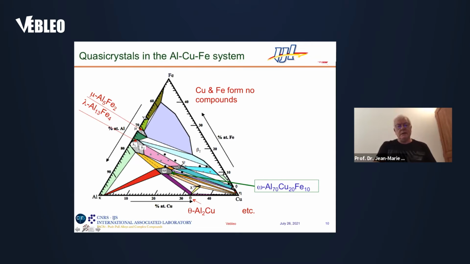And in the middle of this region is a crystal containing a few tens of atoms, which is called the omega phase, with composition shown on the screen. And not far from this is found a quasicrystal, almost with the same composition, but definitely not exactly the same.